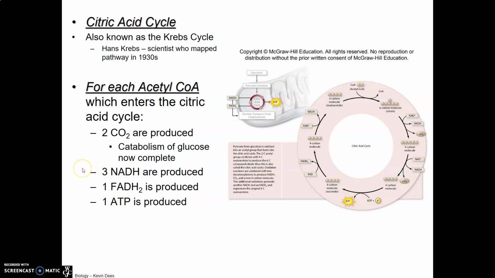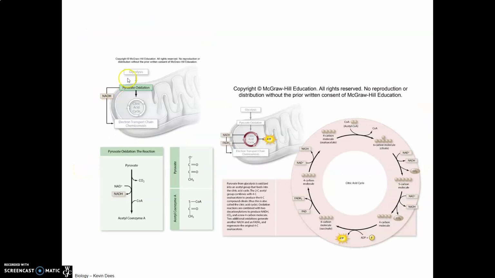So if we look at this process as a whole, step 2, pyruvate oxidation and the Krebs cycle works like this. We've created 2 pyruvates through glycolysis. Each pyruvate enters the mitochondria by being oxidized, and as each pyruvate is oxidized, we lose CO2 and we form an acetyl coenzyme A. So from 1 molecule of glucose, we create 2 molecules of acetyl coenzyme A and 2 CO2s.